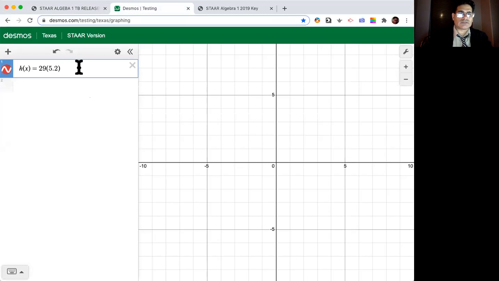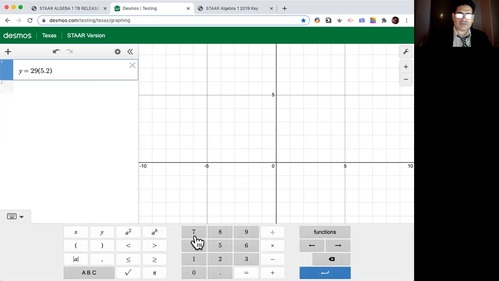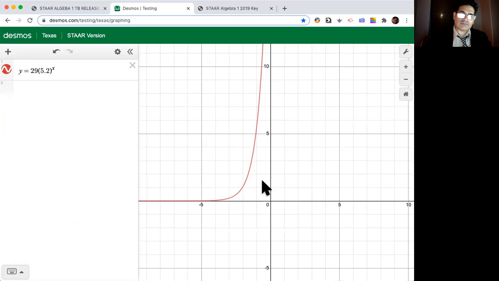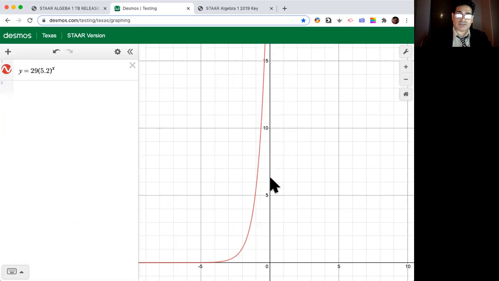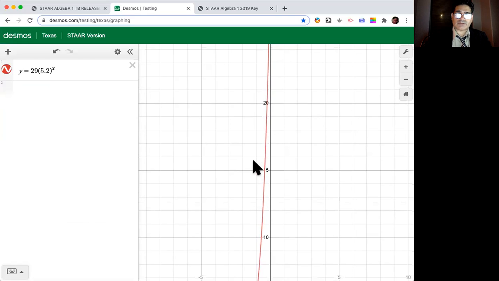And this is raised to the power of x, exponent function. We'll have an x there. We get a nice shape there.